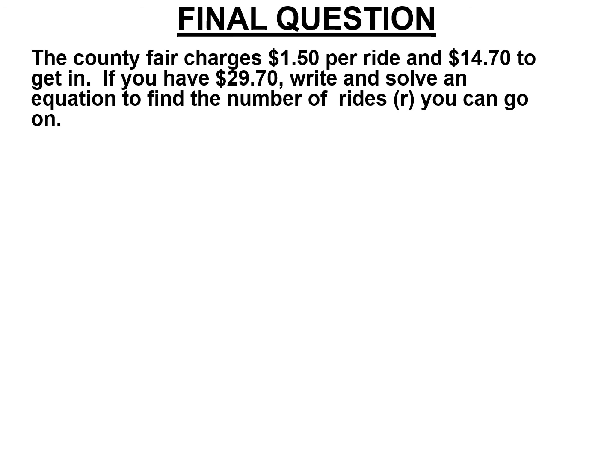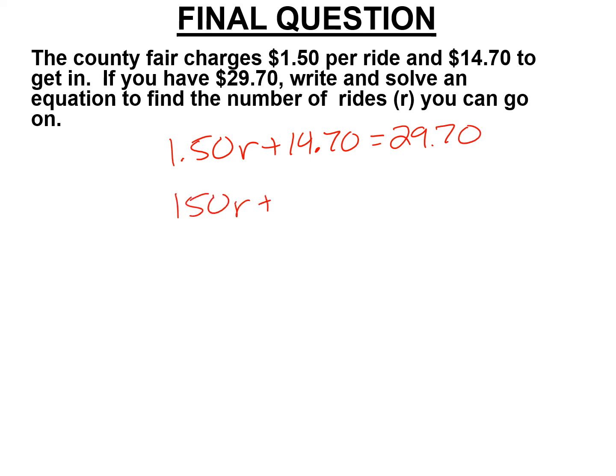All right, so we're charging $1.50 per ride, plus $14.70 to get in, and you have $29.70 here. Okay, so let's clear the decimal, 150R, right, we're moving it twice. Actually, if we did that subtraction, that decimal will go away. And then we got to move it twice there.